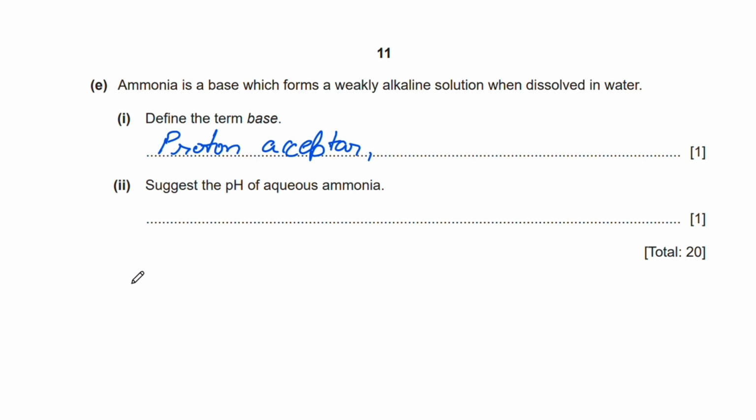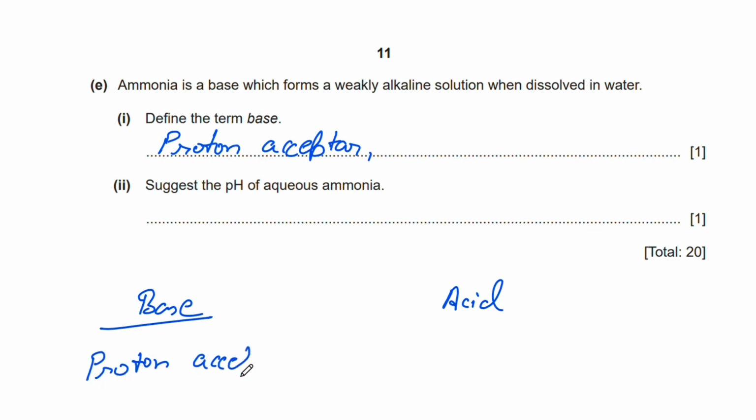This is an important part of IGCSE, which asks what is a base and an acid. So a base, you should know, is a proton acceptor, and an acid is a proton donor.